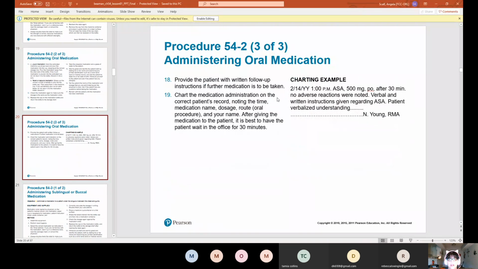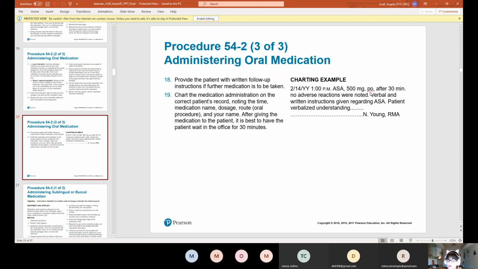And then at the very end of each one of these procedures in your book, it is going to give you a charting example. So this is saying on Valentine's Day, 2/14 of whatever year, 1 p.m., ASA, that's aspirin, 500 milligrams.